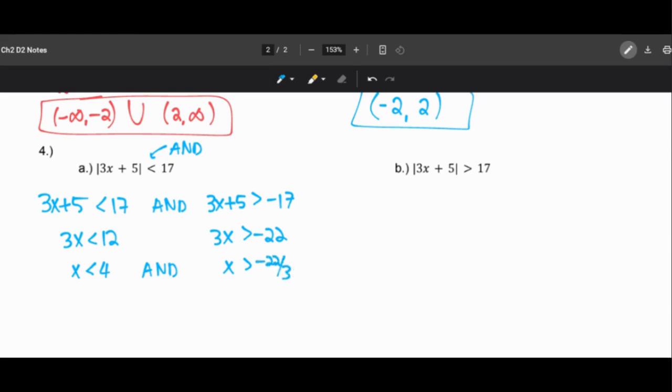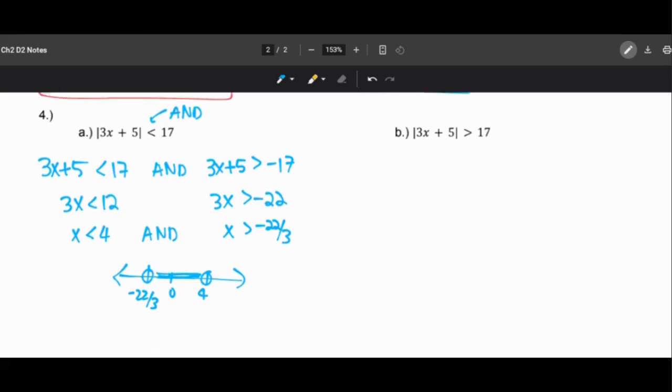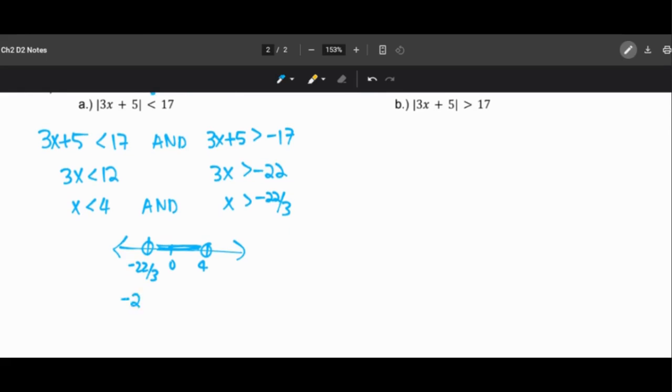So it's going to be in between those two numbers. So we have positive 4 and negative 22 over 3. And we're going to shade in between. So to the right of negative 22 over 3, but to the left of 4. And as an interval notation, we're going to do negative 22 over 3 comma 4 with parentheses.